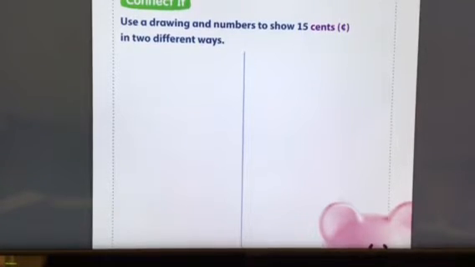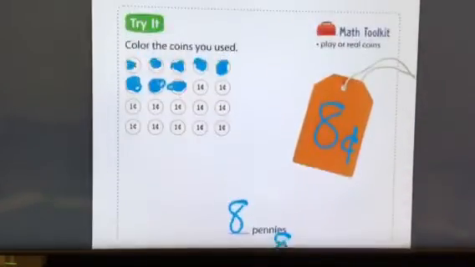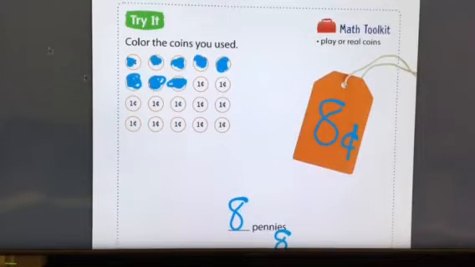So I'm going to write 15 cents over here, and I'm going to write 15 cents over here because I have to show two different ways to get to 15 cents. On my other paper, I needed to get to 8 cents. And what coin did I use to get to 8 cents? I used pennies. I used 8 pennies to get to 8 cents.